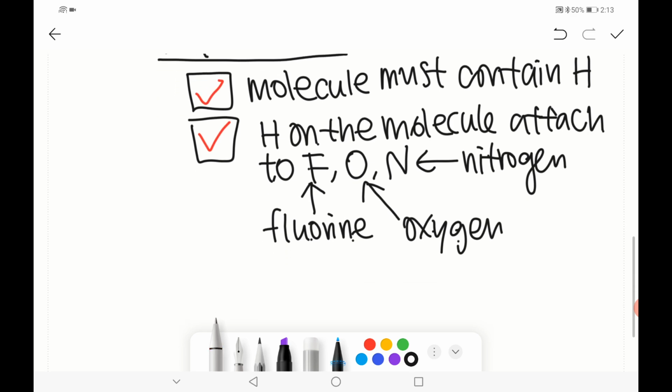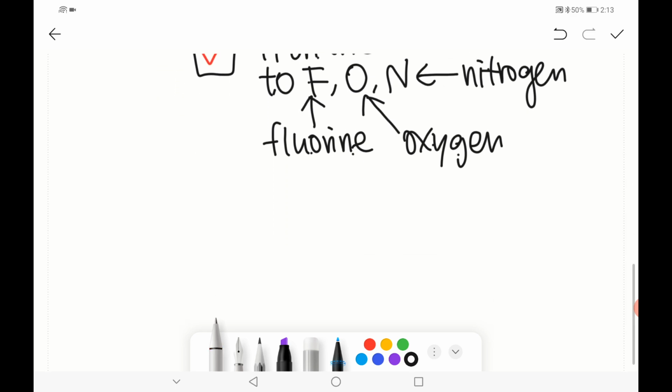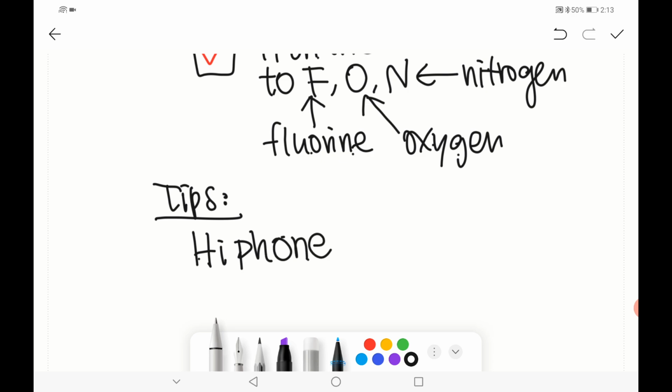I will teach you how to memorize this, then we will run through some examples. This is a simple tip for you to memorize it. We call it high phone. You know about iPhone. So in front of the iPhone, you add the H, and it becomes high phone.